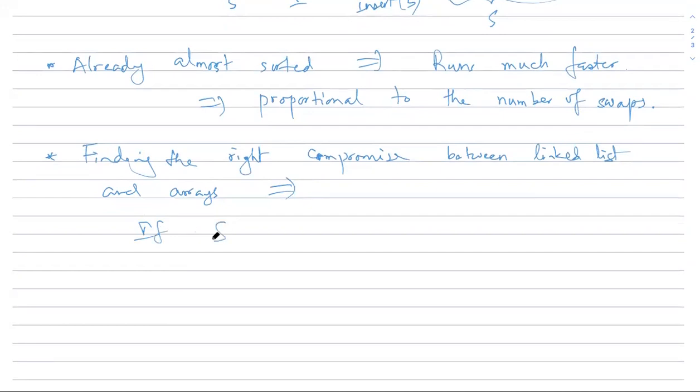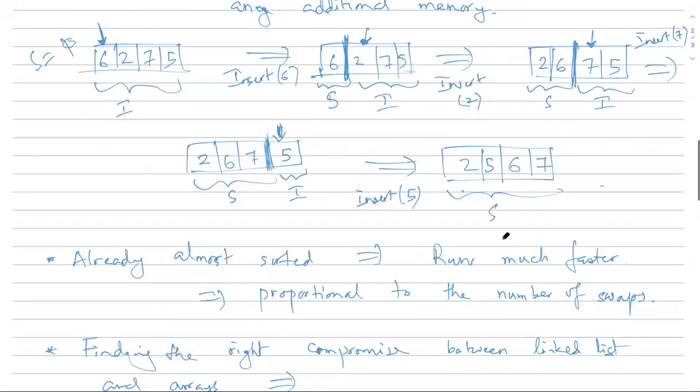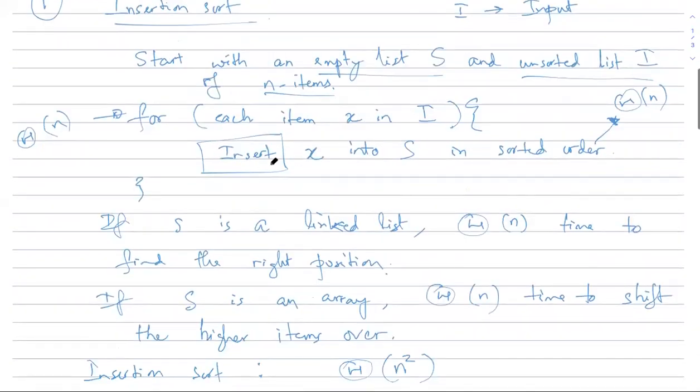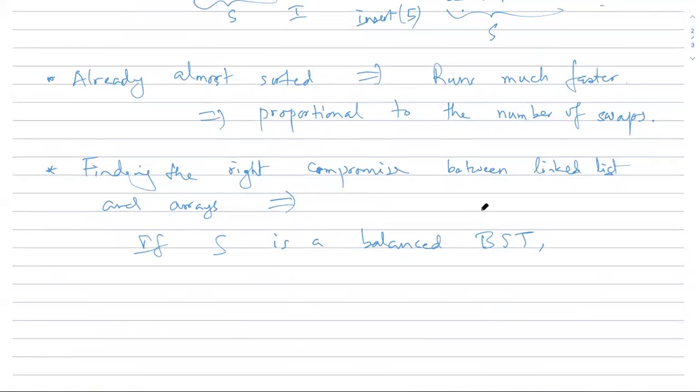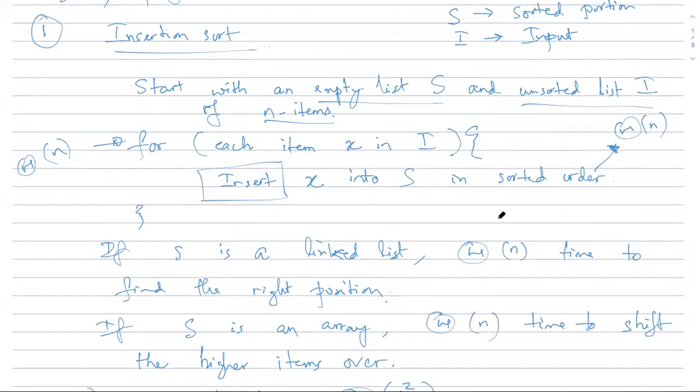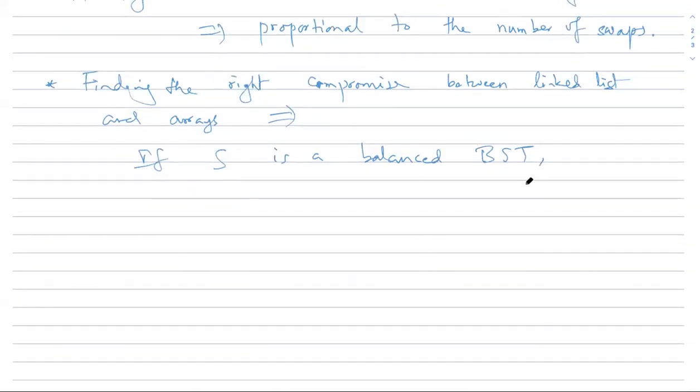If S is a balanced binary search tree, then you can imagine this whole operation, inserting into S in the sorted order. We know that the insertion operation in a balanced binary search tree is log of n. So then this will become n times log of n. So if S is a balanced binary search tree, then the running time becomes order of n log n.